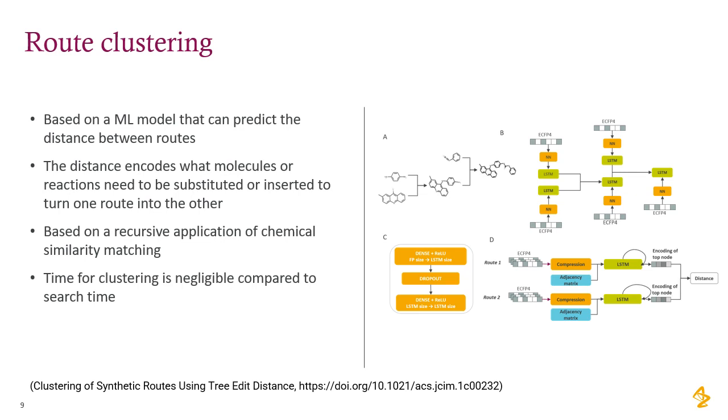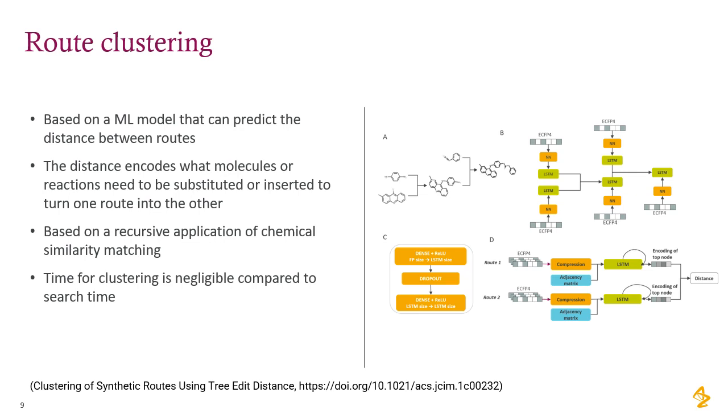Then we have the capability to cluster routes as well. And this is based on a machine learning model that can predict the distance between routes. And the distance encodes what molecules or reactions need to be substituted or inserted to turn one route into another.